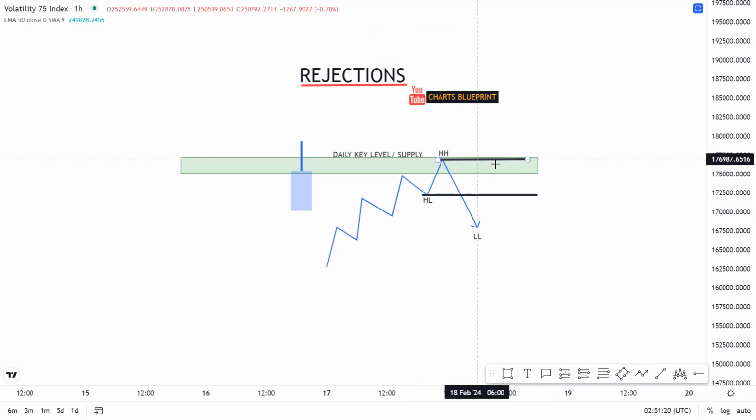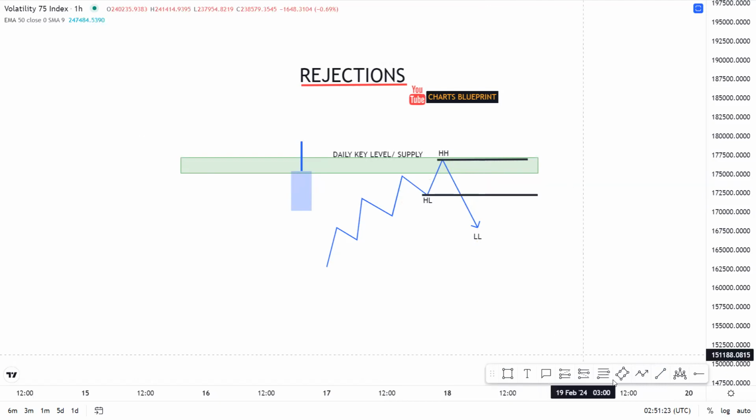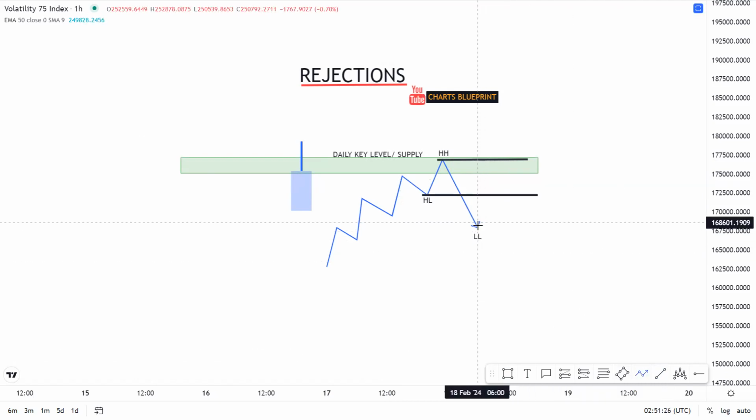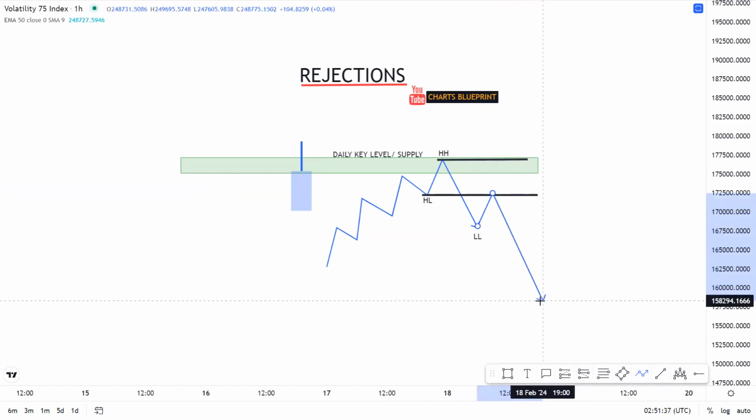Anywhere within this level is where we want to look to sell. So a slight pullback comes into this level. Anywhere within this level, we then want to look to get in on our sales.